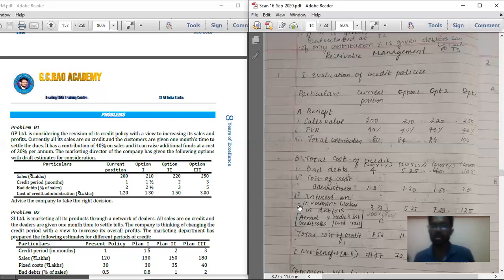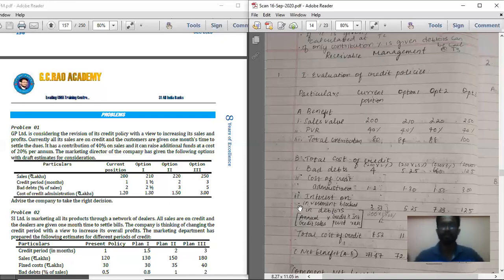That is the total amount I'm going to pay to the financier, which is getting logged in the credit sales, that is debtors. If I hadn't sold on credit and had sold on cash and carry, then on that particular day itself I would have got 5 lakh rupees. Then I would have repaid the 5 lakh rupees, so I wouldn't have paid the interest cost for the next 3 months.